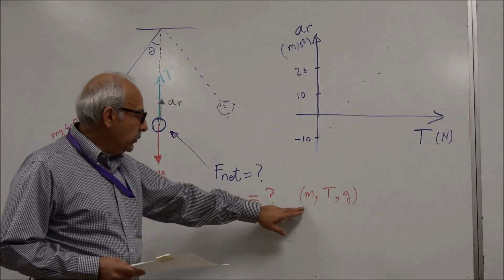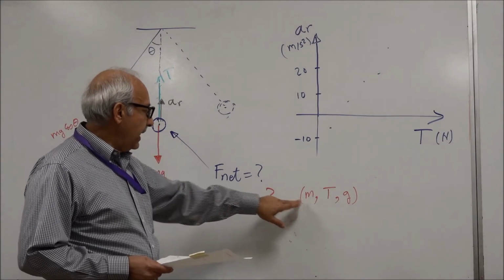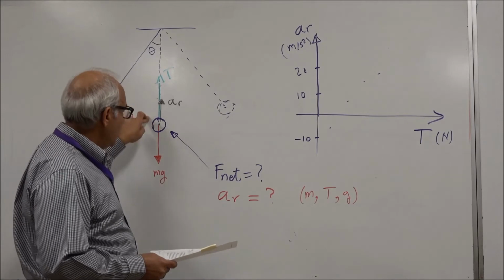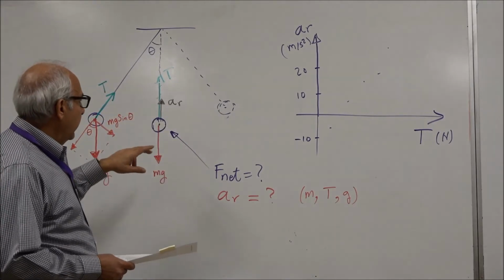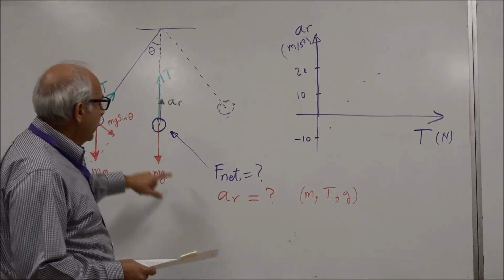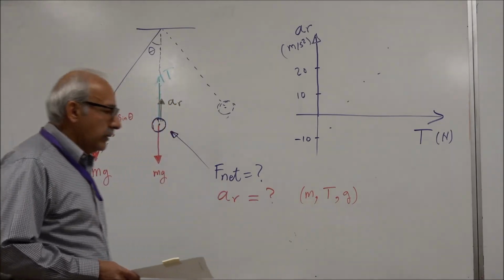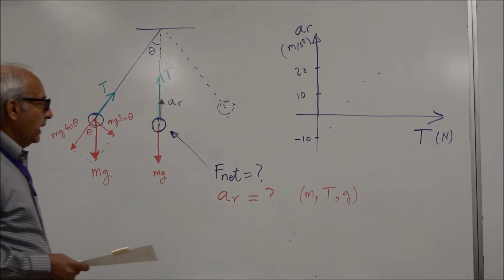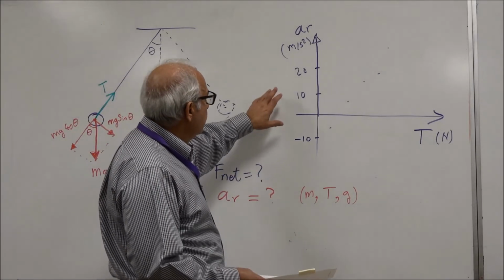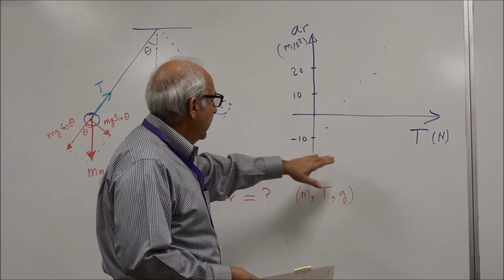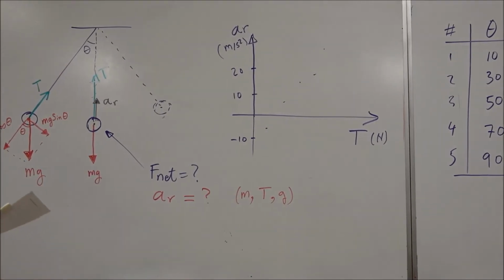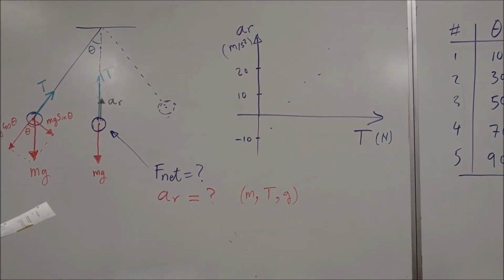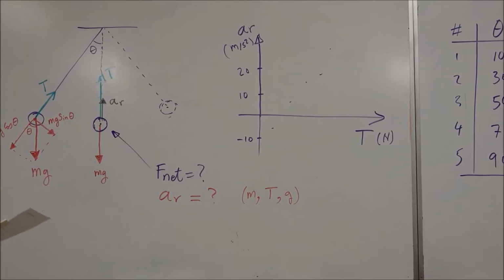And you need to find that out in terms of the mass of the pendulum, the tension. This tension is captured by the Capstone, and you will have that data later. And also acceleration due to gravity, g. And then the second part, you would plot that versus the tension in the pendulum.